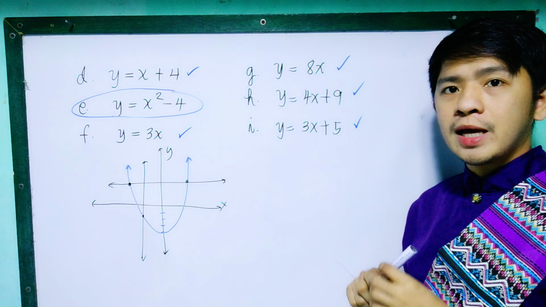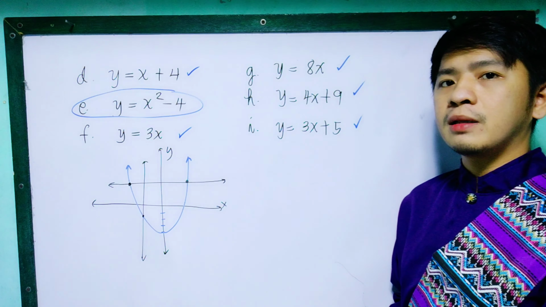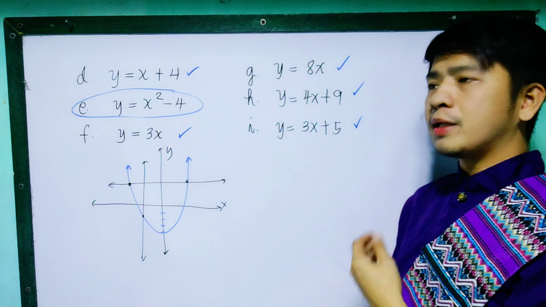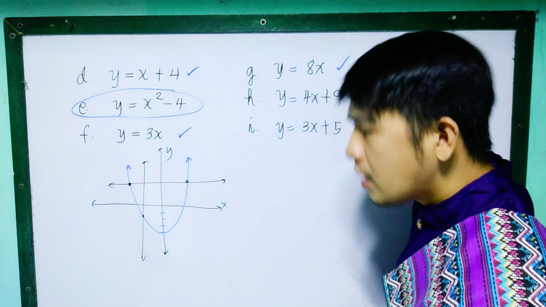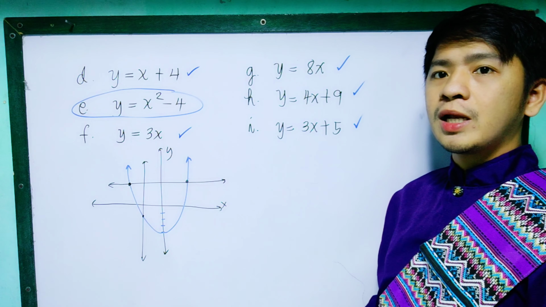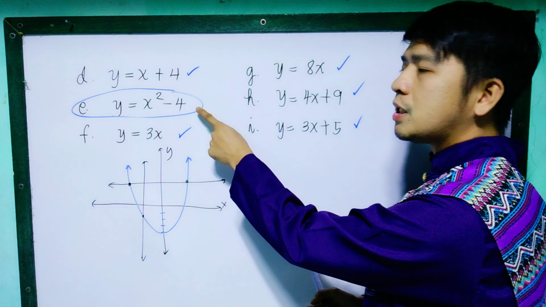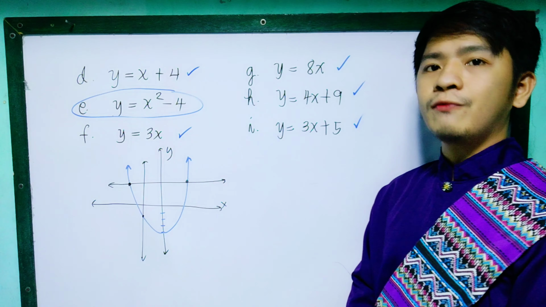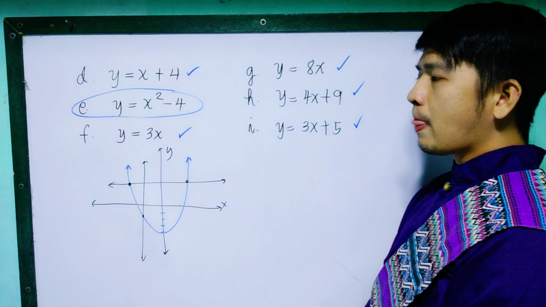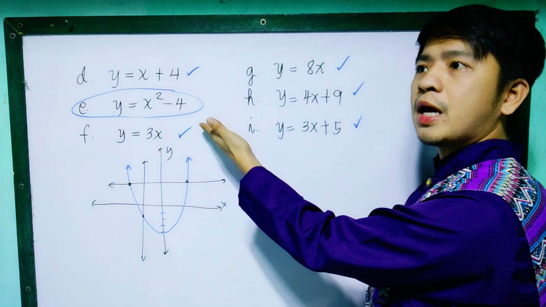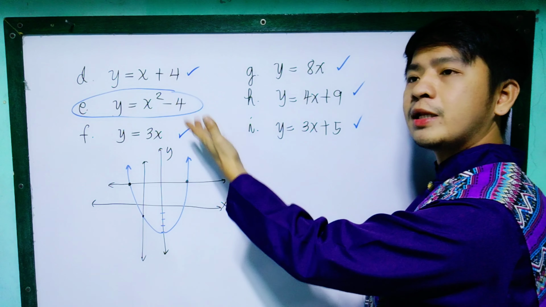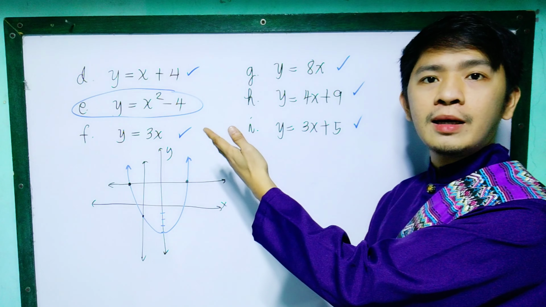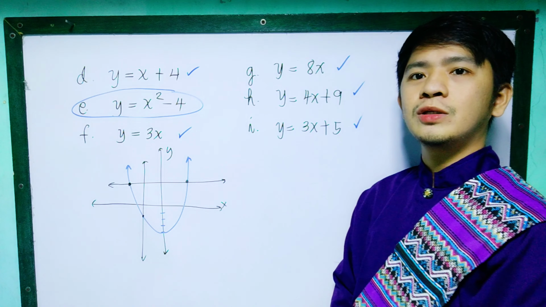Therefore, hindi siya pumasa sa horizontal line. Pero ang dapat, ang requirement, papasa sa horizontal at sa vertical line. Since nag-fail siya sa horizontal line, therefore, this is not one-to-one function. So, ang kanyang inverse ay hindi nag-exist. Pero sa mga susunod nating lesson, gagawa natin ng paraan para mag-exist ang kanyang inverse function.